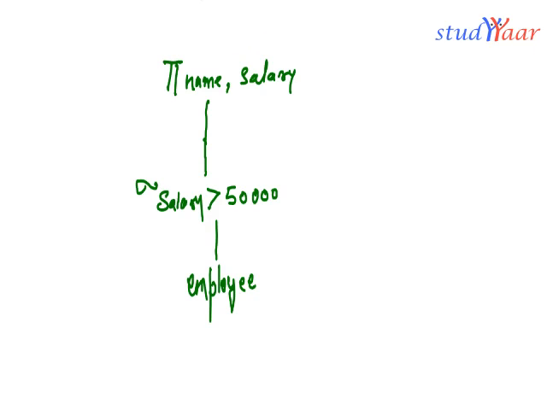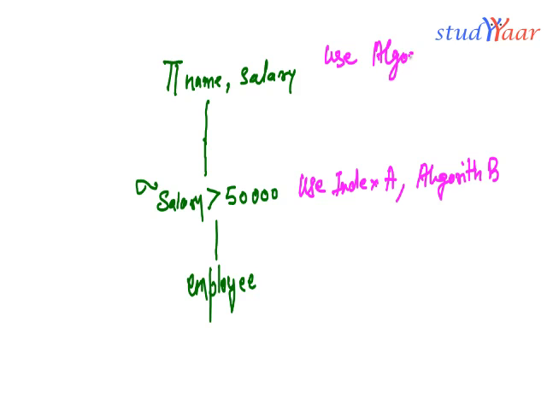So what I am going to say? I am going to say for selection you use index A and then use algorithm B. Okay, and after that, in order to do the projection, you use algorithm C. Okay, so this is my plan.